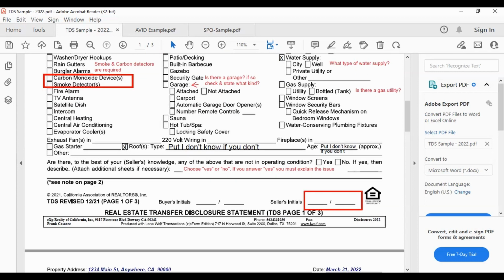Another area that agents miss because they just don't deem it as important as the others is what type of roof is there and the age of the roof. Many times the agents on the listing side, when I represent a buyer, will say, well, they don't know what type of roof it is. It was already here when they got here. They don't know how old it is because it was already here when they bought it.